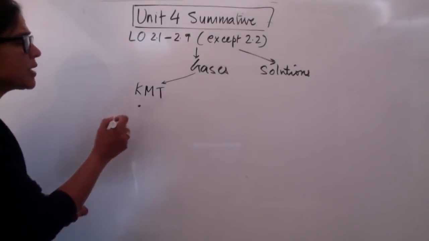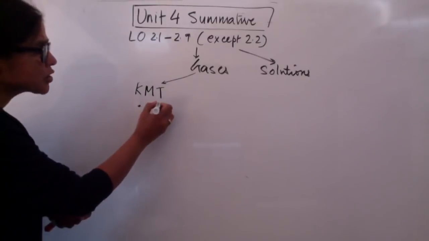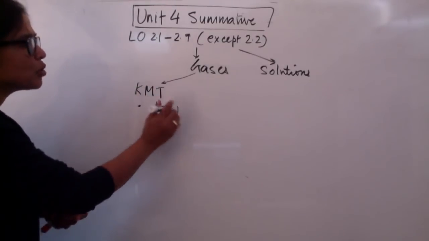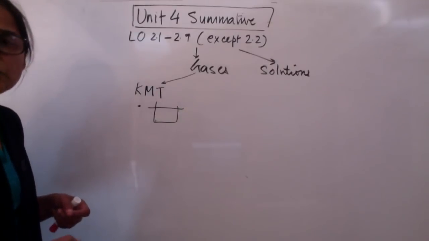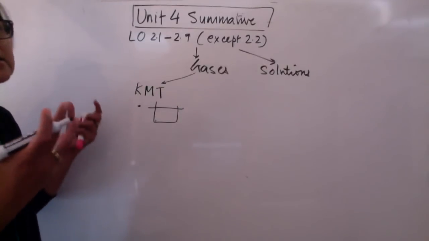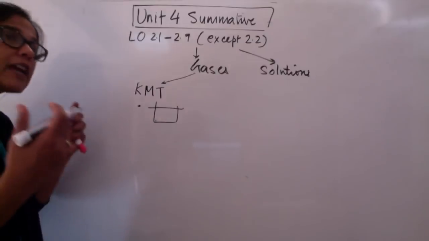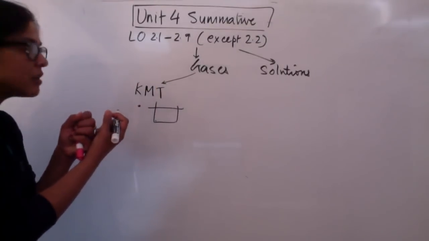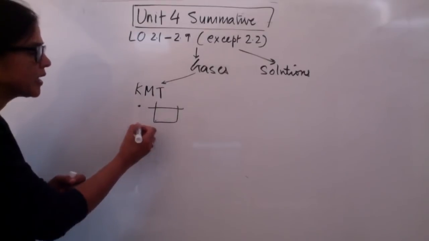What is the KMT model? It says the gas particles are so small that the volume of the gas particles as compared to overall gas volume is negligible. Hence, gas is mostly empty space. And if gas is mostly empty space, then you can compress it a lot. It's highly compressible.